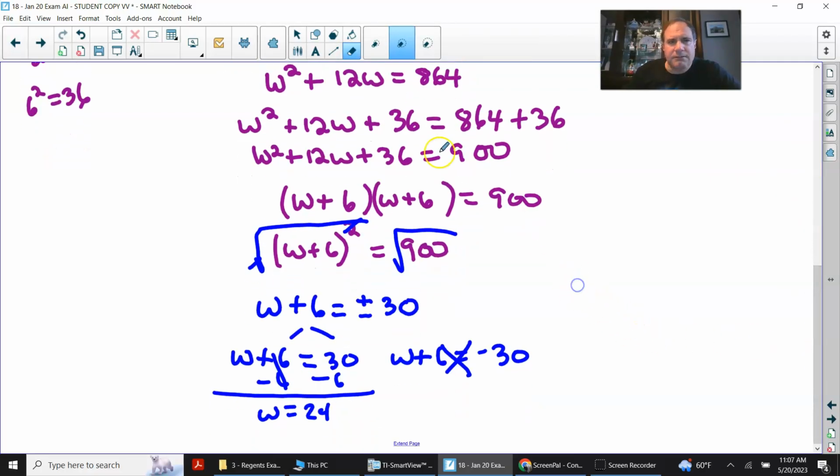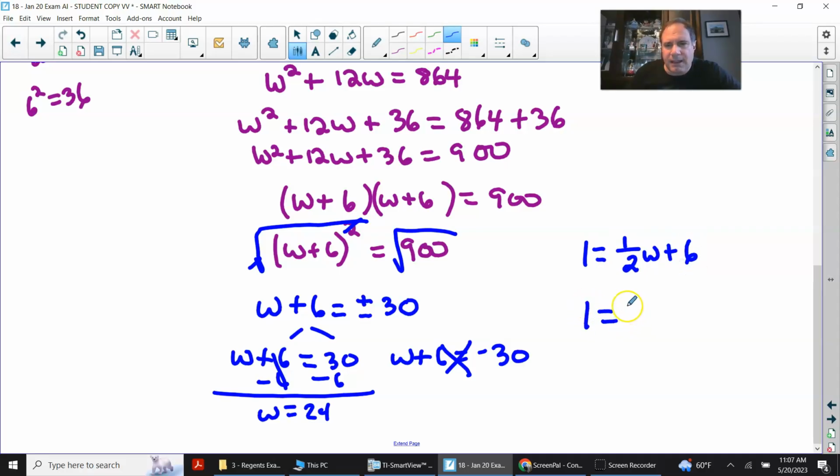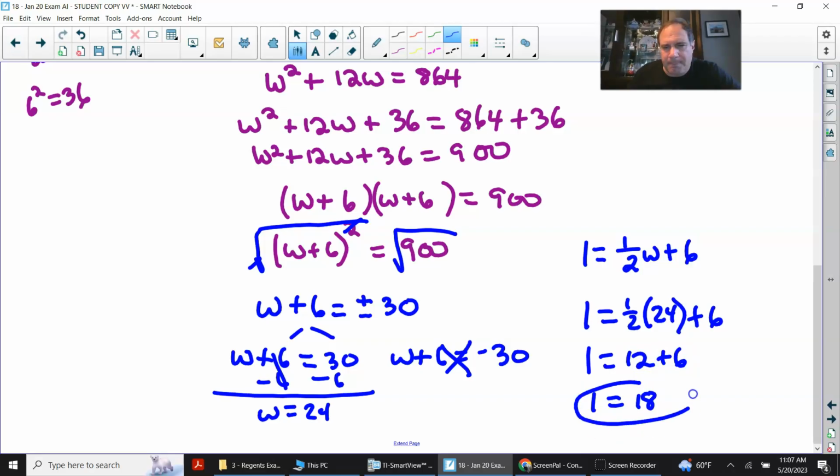So the length is half of 24 plus 6. Length equals 12 plus 6. Length equals 18. Width is 24, length is 18, and you're finished.